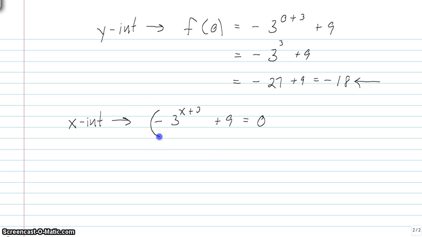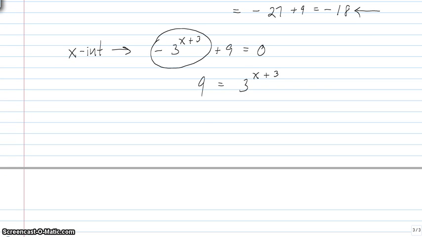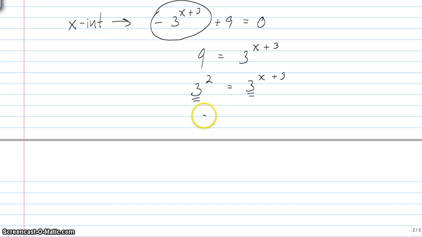So I'm going to add this term to the other side of the equation. And then we can simply write the left side as 3 squared. And since I then have the same base on both sides of the equation, that means that my exponents must be equivalent.